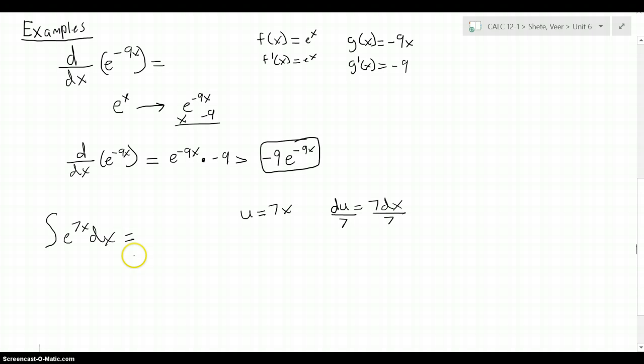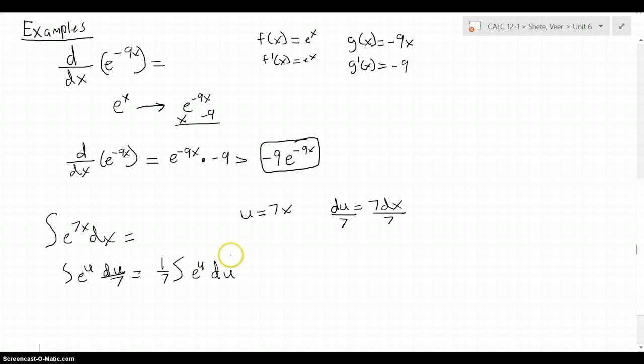So now we will get it equal to the integral of e to the u times du over 7, which equals 1 over 7 times the integral of e to the u du.